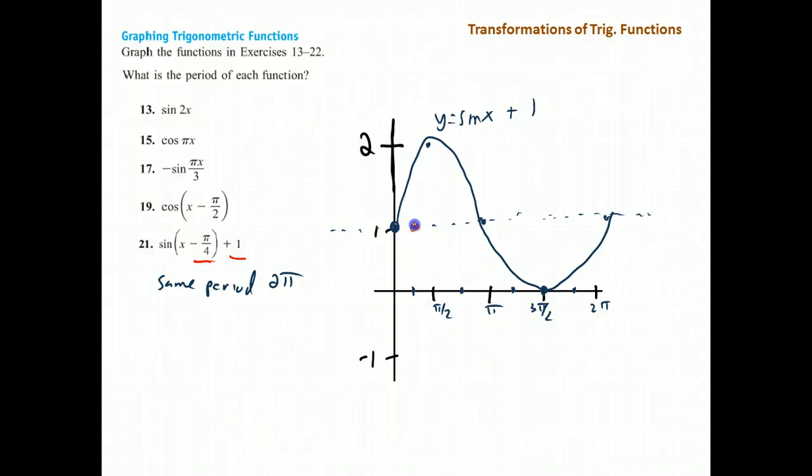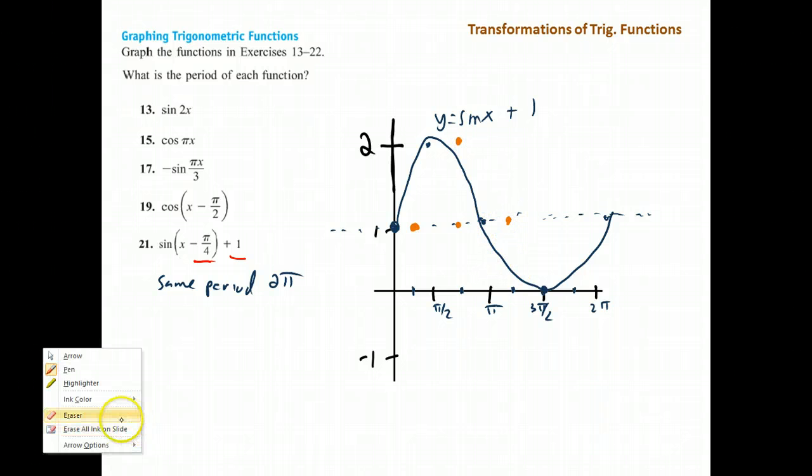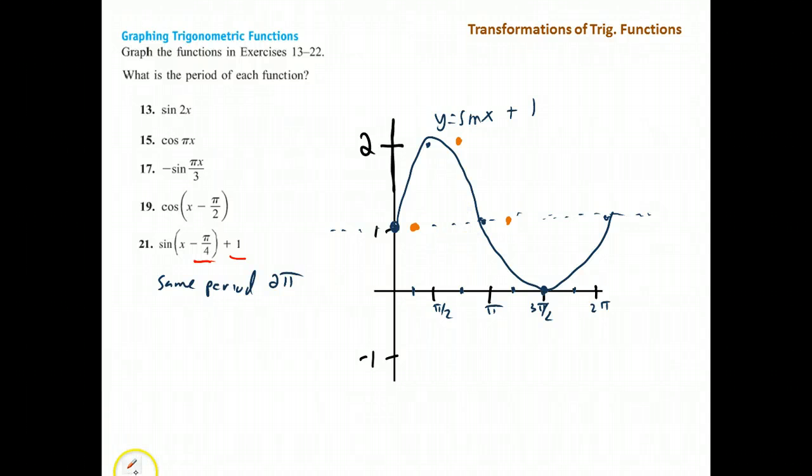So it would be here, here, up here, sorry, down here, down here, and up here. Shift pi over 4 units to the right. And this is the graph of the sine of x minus pi over 4 plus the 1.